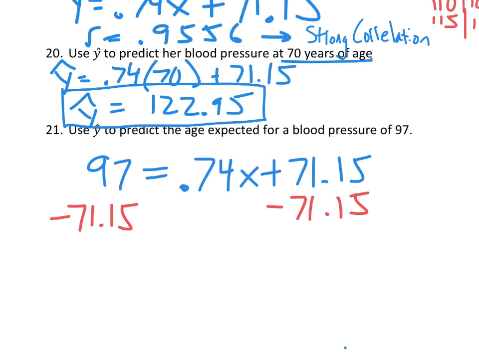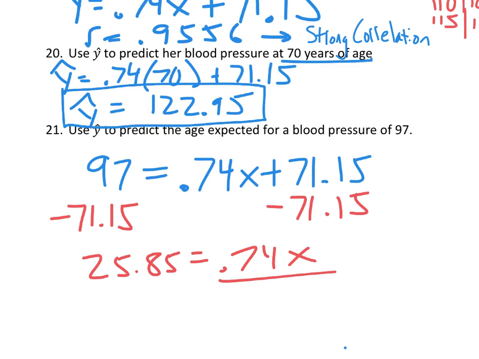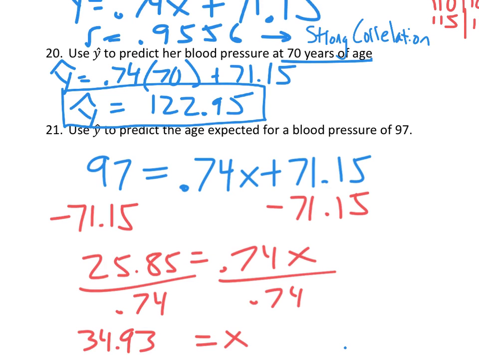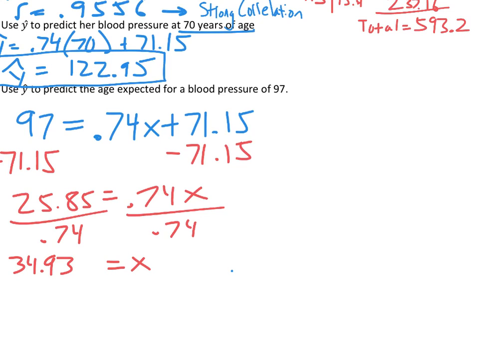And we'll round it off a bit here. And 0.74x, and now we're going to divide by 0.74. So let's take that number and divide by 0.74, and we get x equals about 34.93.